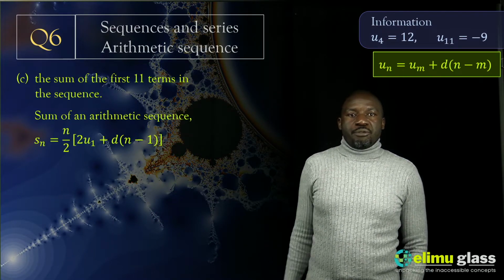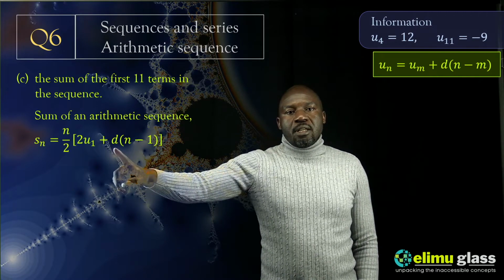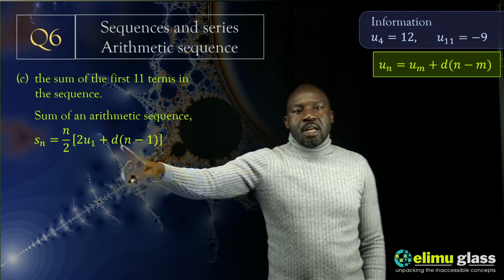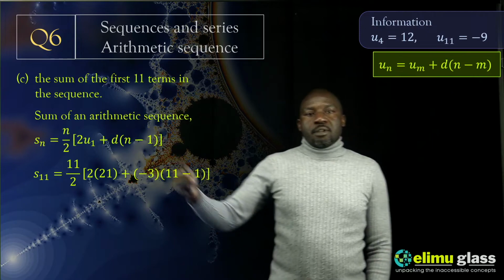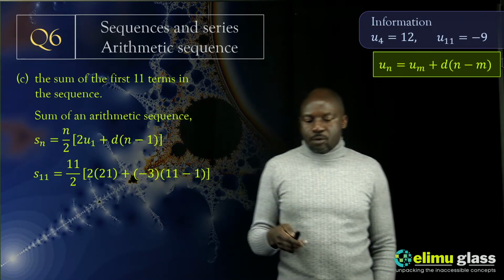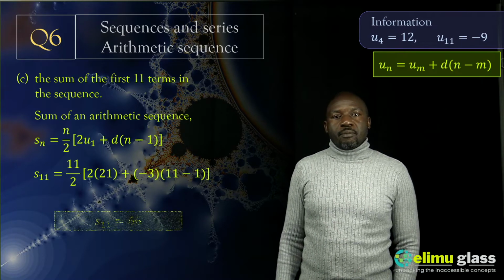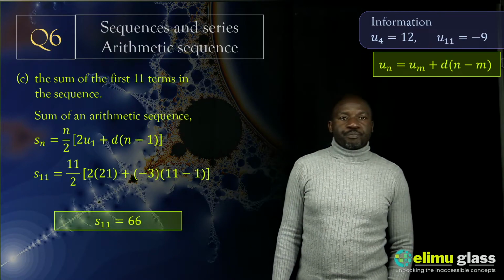We know our value of U1, we just found it as 21. And we know our value of d, we found that as negative 3. So therefore, the sum is 11 over 2 into 2 times U1, like that. And when we simplify that, we get the sum of 11 terms as 66.